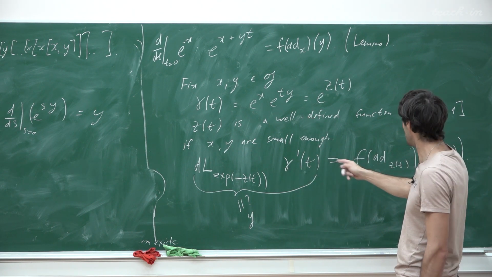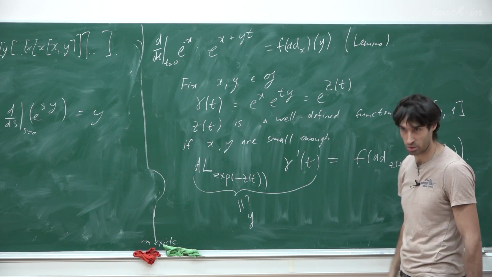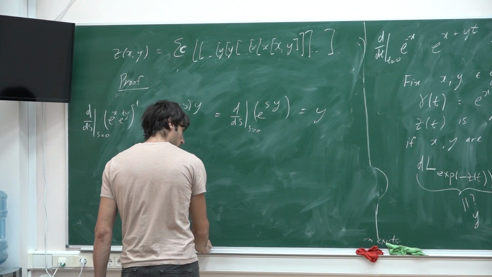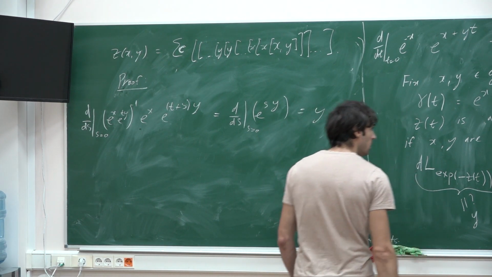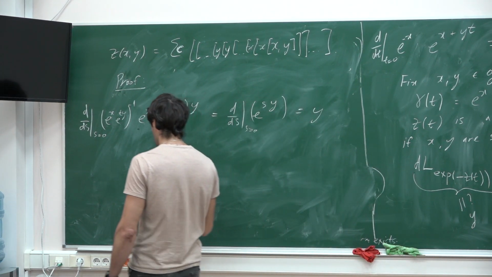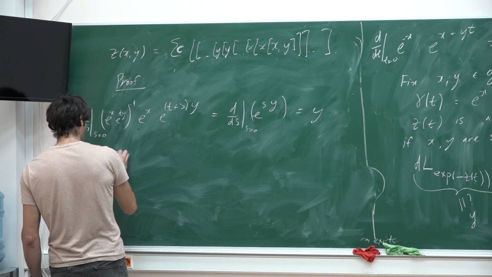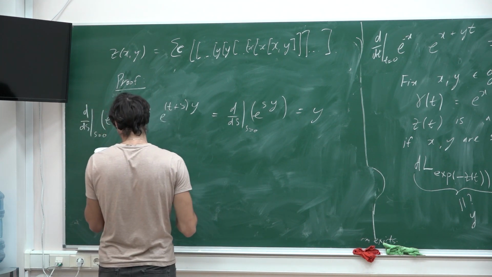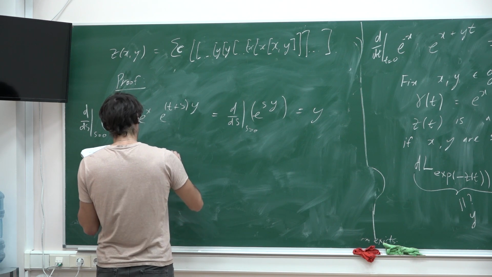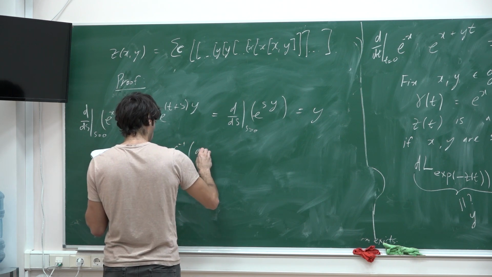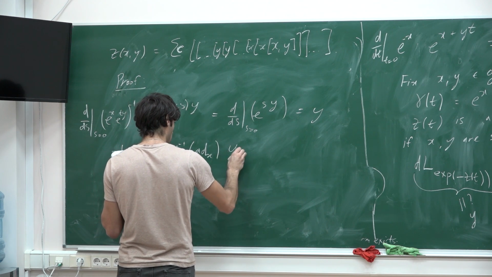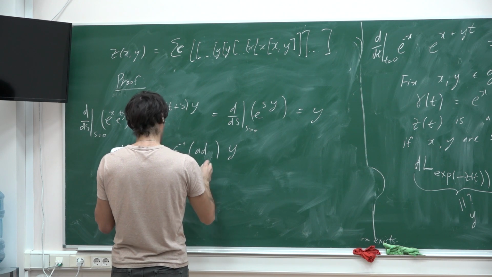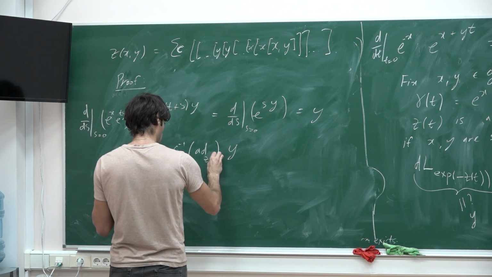So I have the following: z prime of t is f inverse of ad x applied to y. So x is what? x is z of t.